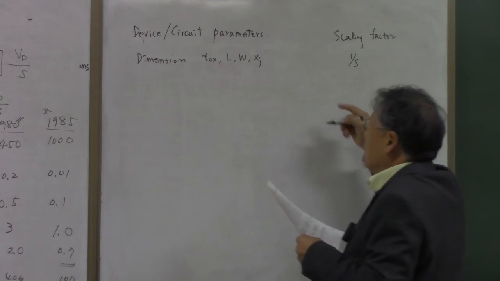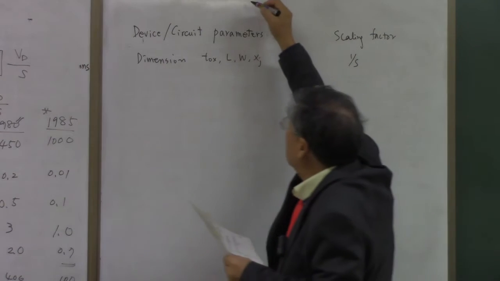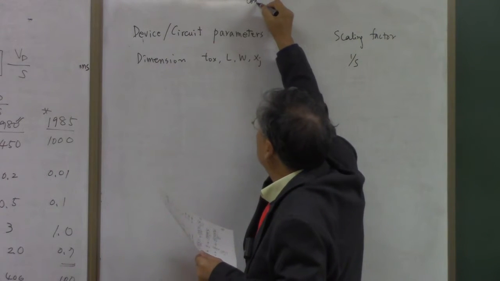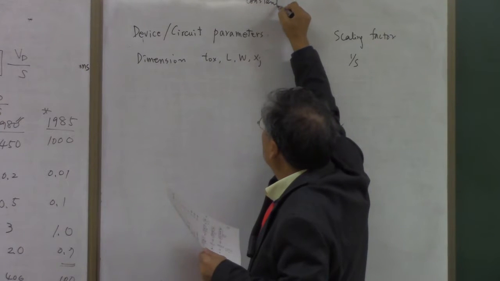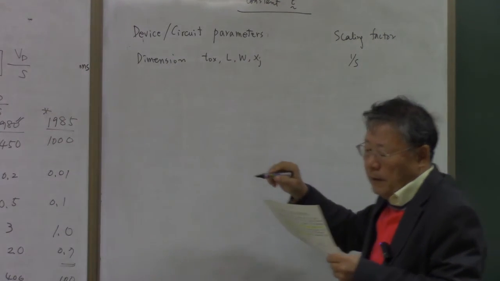All those things are going to be scaled by 1 over S if you want to keep the constant electric field scaling, okay?